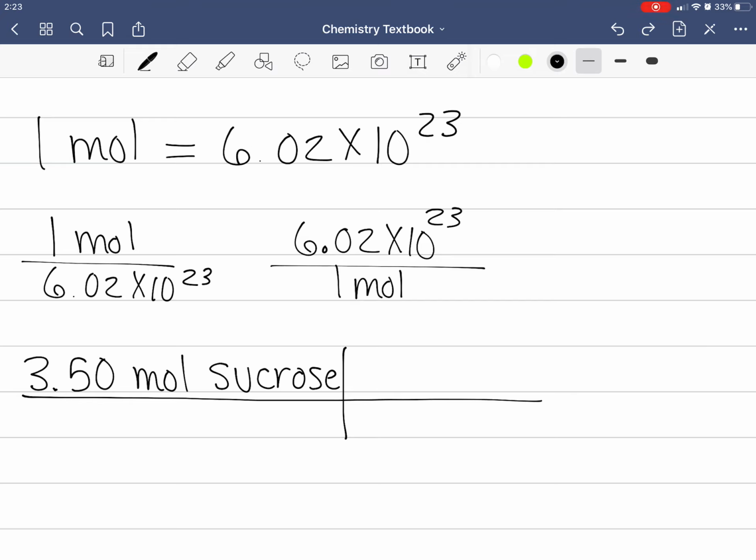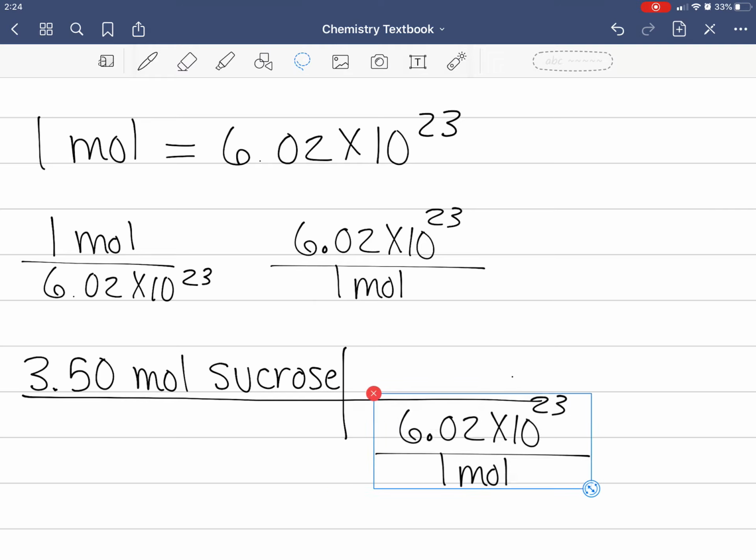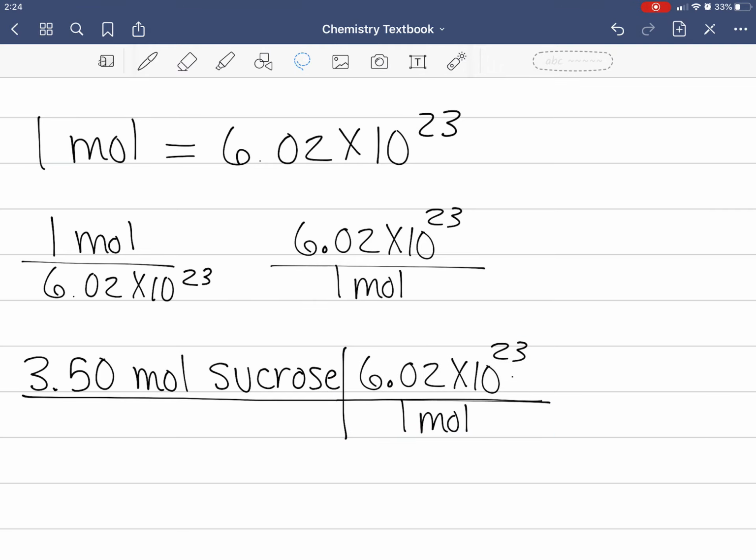So that means this right here should be my representative particle, up here. So if I look at my conversion factors, these two, my representative particles are on top, and this mole, remember, needs to be down here. So this one's my conversion factor. So let me just copy that, and I'm going to put it right here. Okay, so that's how it should look.